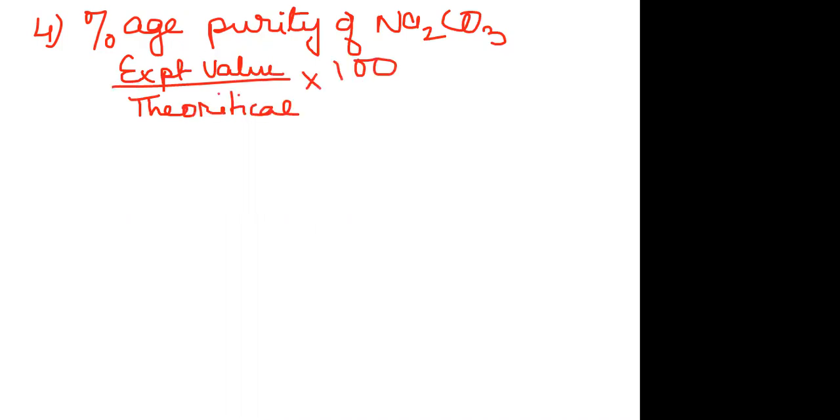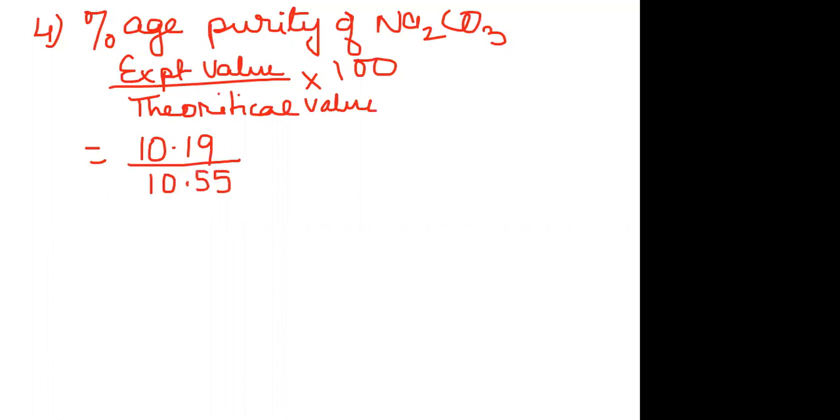Now what is the experimental value? The experimental value that we got of the pure sodium carbonate solution was equal to 10.19, and for the impure sample, the theoretical value that is given in the question comes to 10.55.